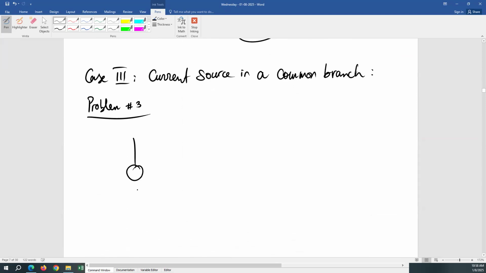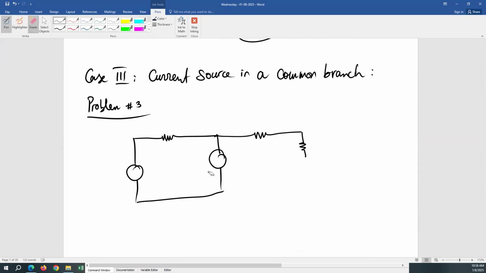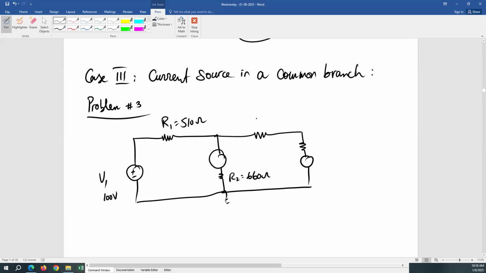So let's give you an example. All right, so you have, let's say, voltage source V1, 100 volts, R1, 510 ohms, R2, 660 ohms, R3, 970 ohms, R4, 330 ohms.